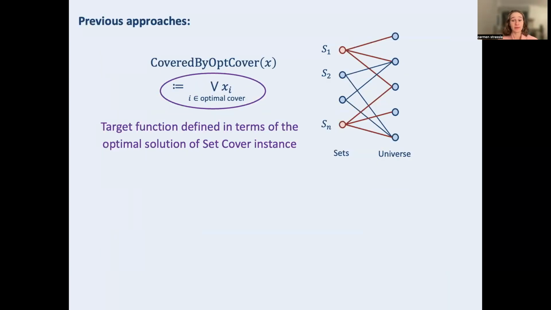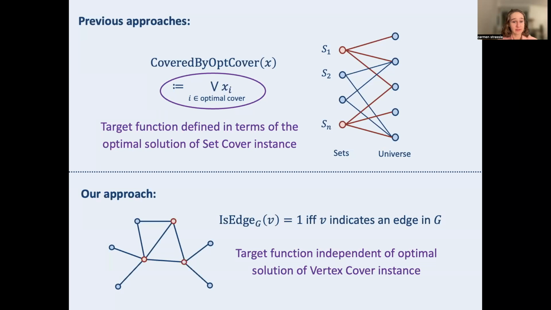So how do we get around this pitfall in previous approaches? Well, instead of using set cover, we're going to use vertex cover, which is a particular case of set cover, so it's a bit simpler than set cover. And using this simpler NP-hard problem allows us to use a more complicated and more expressive target function.